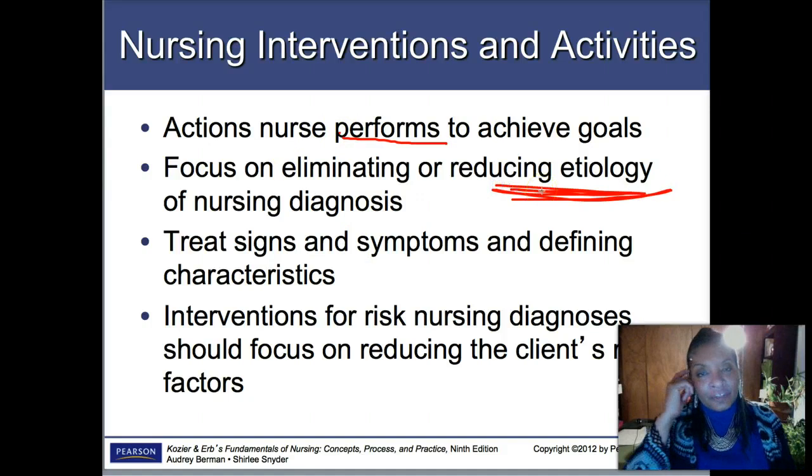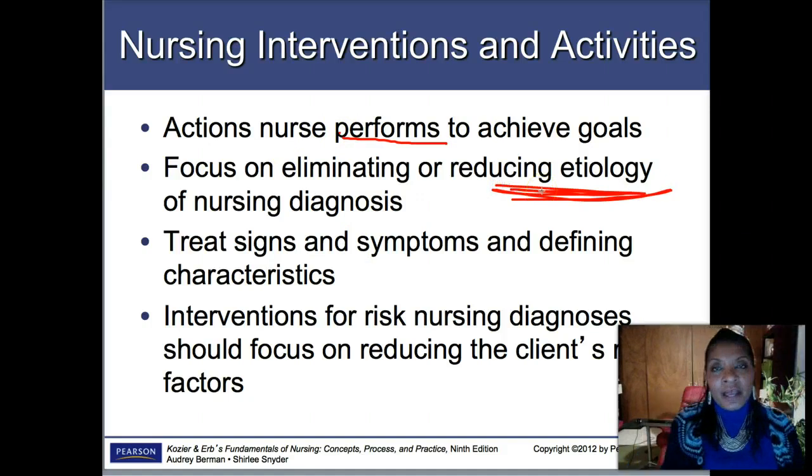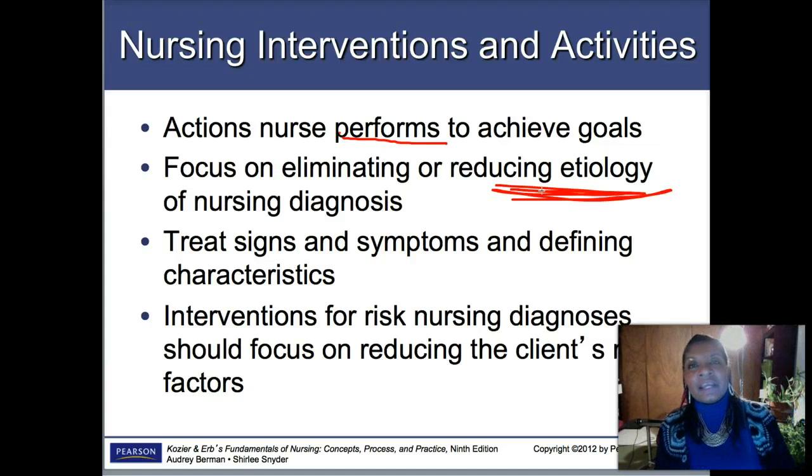For example, if my patient has a potential for skin breakdown due to immobility, I'm going to have as an intervention to turn or reposition that patient every 2 hours. By doing that, I am performing nursing activities to reduce the etiology for that bad skin integrity, the immobility. They're immobile, I'm turning them. So I'm reducing the etiology for the problem.